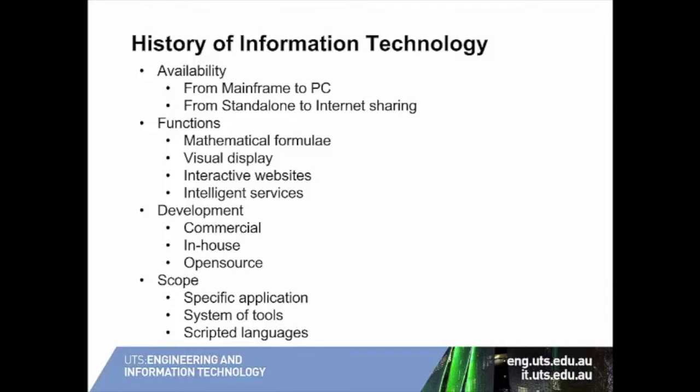And then it became open source, where software was maybe developed for a particular application, but because it was open source, anyone else could take the functionality, the methods that are used in it, and reapply them to another area. So it became very flexible, and also it was free.